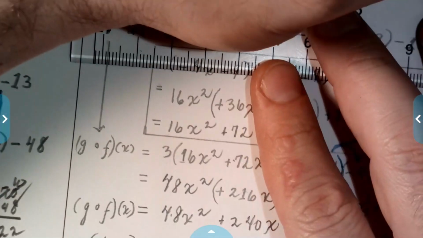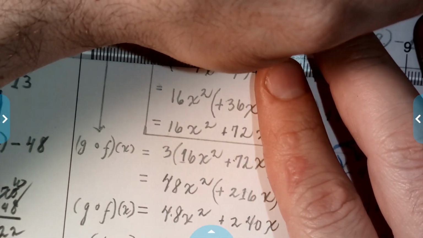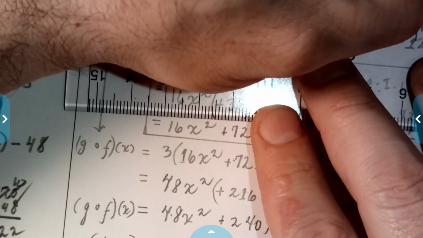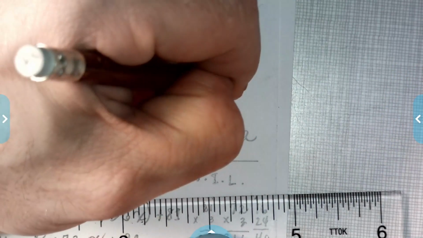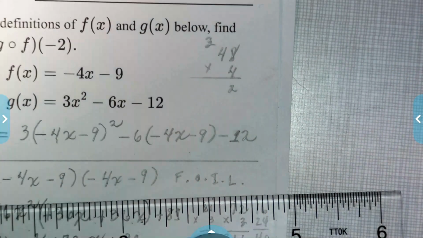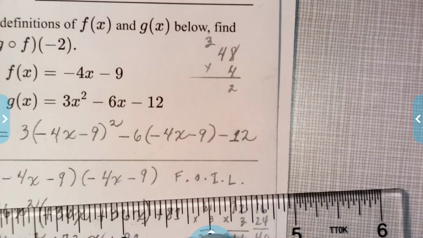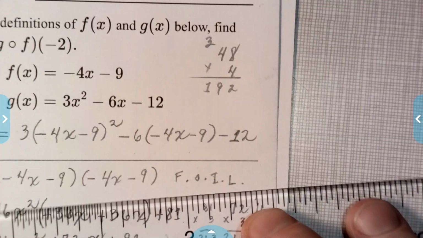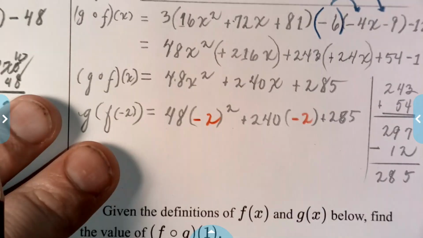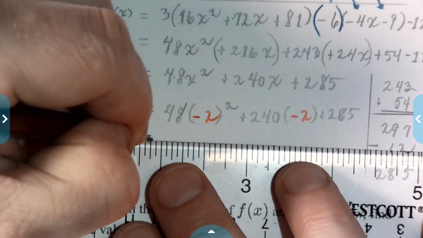But 48 times 4, I want to check because I could have just gotten that wrong. Doing that up here, I got 2, carry the 3, 16 plus 3 is 19, 192. Okay, so we were right. And it's positive because when we square the negative, it became positive. So this is equal to 192.